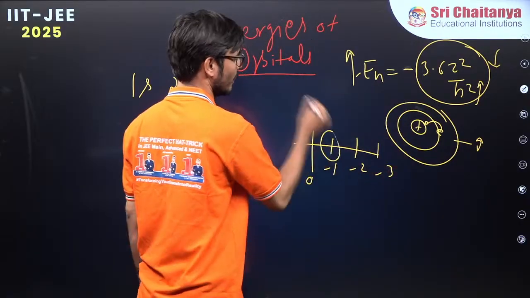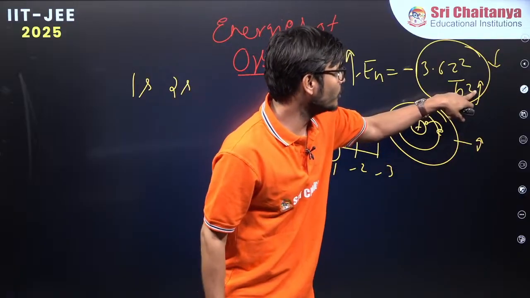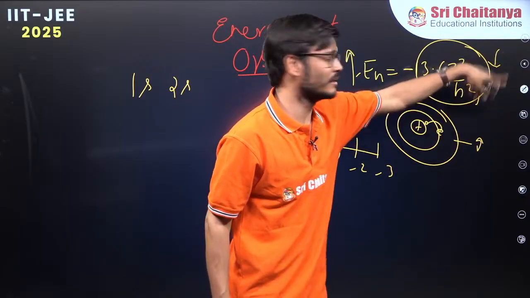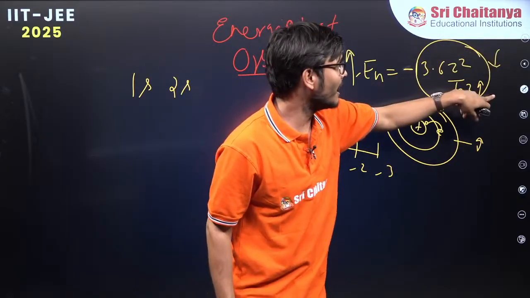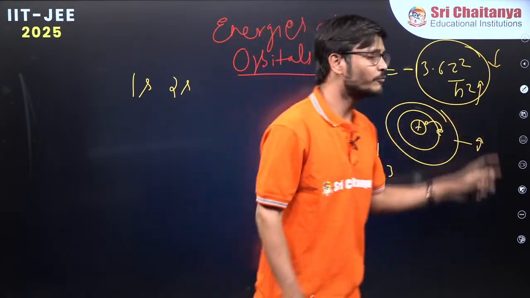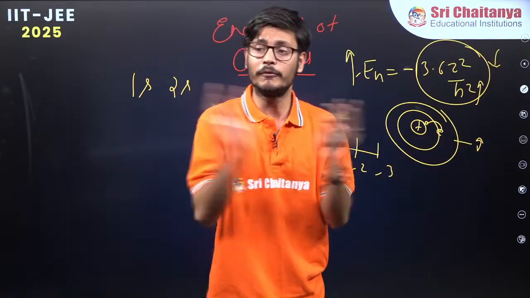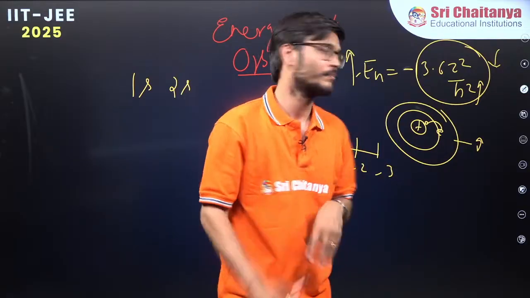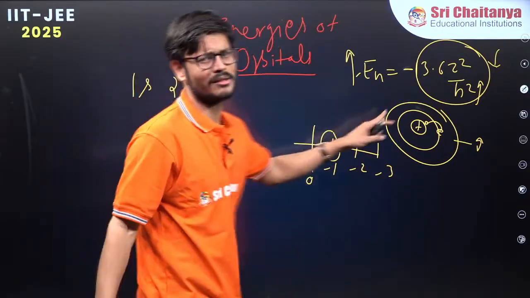This is a bigger number, isn't it? So when the n value increases, 1 by n decreases, and the negative of a decrease will increase. So as we go away from the nucleus, energy increases, but force of attraction decreases. You will study all these things better in 11th class.